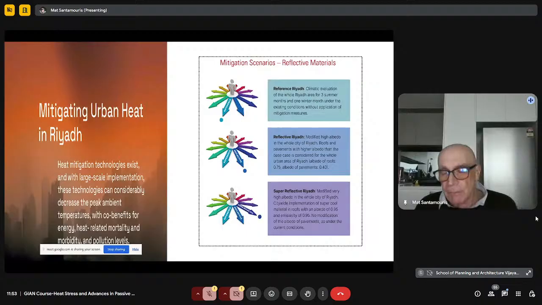What's the difference with the supercool materials? You have to know that the atmosphere is open, transparent, to wavelengths between 8 and 13 micrometers. It's the so-called atmospheric window. This is the window that allows life on our planet.